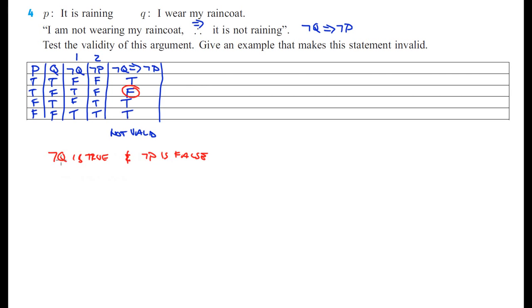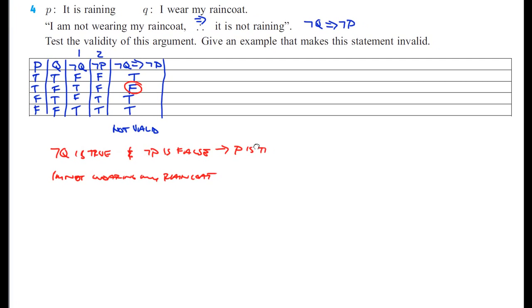Okay, so not Q is, I'm not wearing my raincoat. Okay, and then it says not P is false.